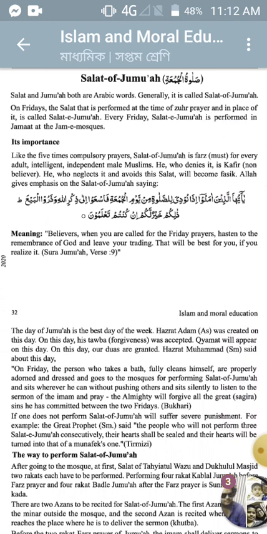Generally, it is called Salat of Jumu'ah. On Fridays, the Salat that is performed at the time of Zuhr prayer, and in place of it, is called Salat of Juma. Every Friday, Salat of Juma is performed in Jamaat at the Jami Mosque.